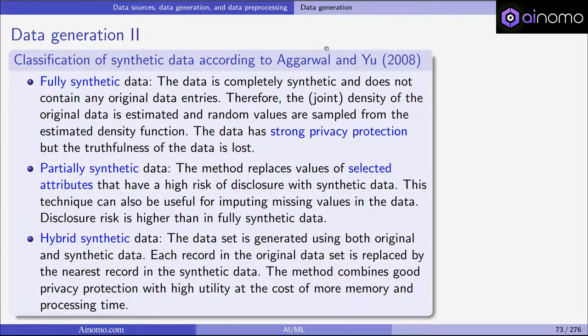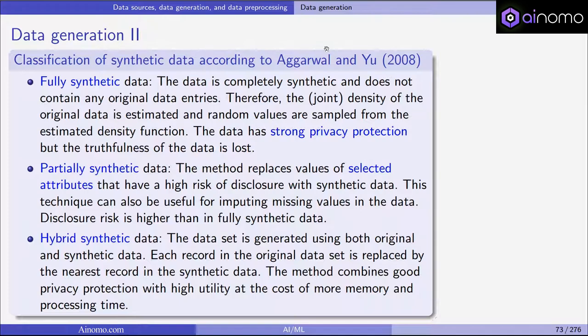So let's, at this point, look at three different ways to generate data and what types of synthetic data we can differentiate between. The first one is fully synthetic data. This is when the data is completely synthetic, completely artificial, if you want to call it this way, and it does not contain any original data entries, any original observations, or values of certain variables.